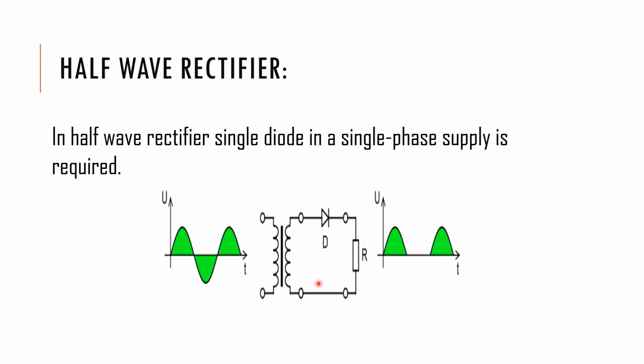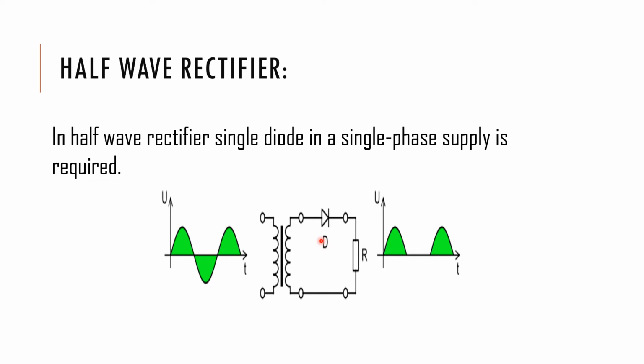Thus, the half wave rectifier converts one half cycle of AC input into DC output, either the positive half or the negative half. It is the simplest kind of rectifier, as only one diode is used.